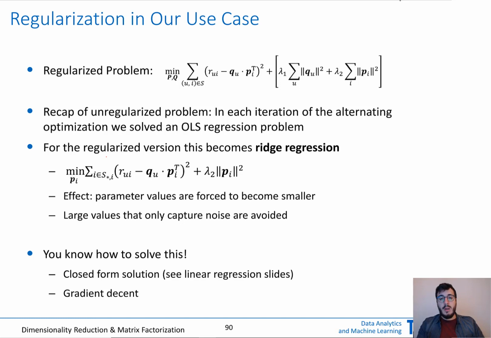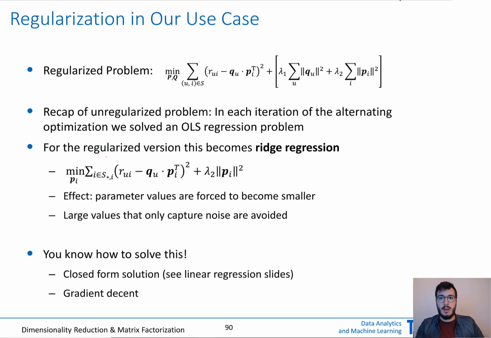Now, again, we can solve these small regression problems where we solve for the parameters of each p_i and each q_u independently. And basically this looks like a ridge regression now. The same thing as before, plus we have this L2 penalty on the norm of the parameters p_i. And you know how to solve this, right? We just have a closed-form solution.